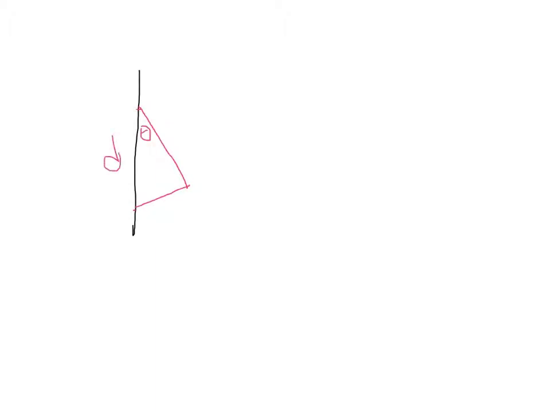I won't distract you with all the other pieces of information, but this is what I'm interested in finding, that length there. Here's my right angle. That's the hypotenuse, which is d. That's the theta. I'm interested in this side, which you can think of as the opposite side, and it's a distance.